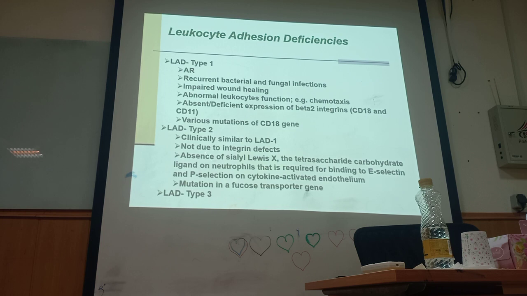Okay? So the mother brings the child to the clinic at the age of 1 month because the umbilical cord has not been detached, and we need surgery. Why? Because the leukocyte cannot move to the stem of the umbilical cord and make detachment. Okay? So they suffer from umbilical cord detachment delay, impaired wound healing, and all the phagocyte defects.